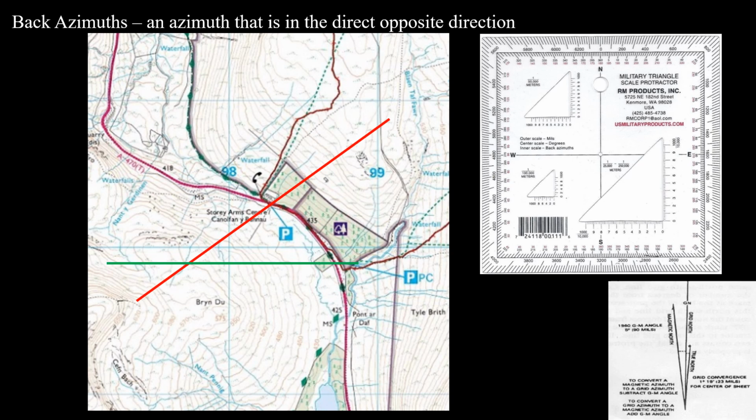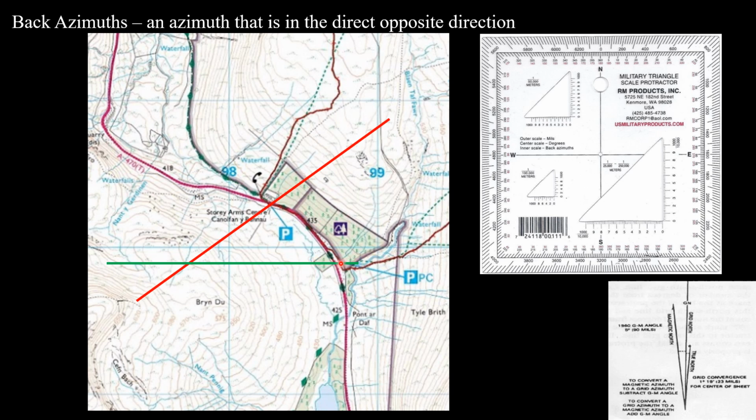magnetic, but I need to convert that to grid. So it'd be 95 minus 5. So 95 degrees magnetic minus the 5-degree GM angle equals a 90-degree grid azimuth. So then I want a back azimuth of the 90 degrees, so I add the 180, so that's 270, so basically a flat line.